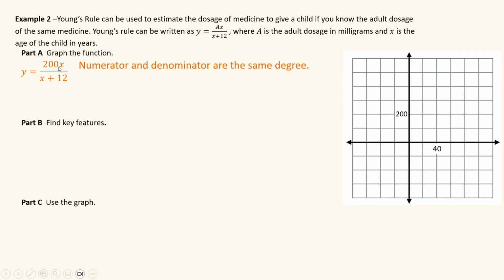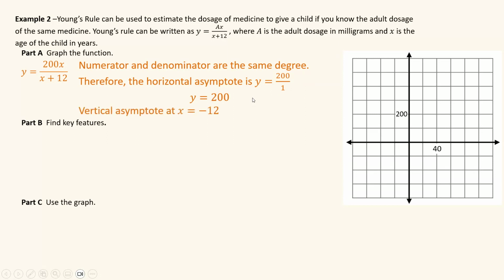The numerator and the denominator are the same degree, x to the first, x to the first. So our horizontal asymptote will be leading coefficient of numerator over leading coefficient of denominator, which would be y equals 200. Our vertical asymptote will be the 0 of the denominator, which would be negative 12. I'm going to graph those in a minute here.